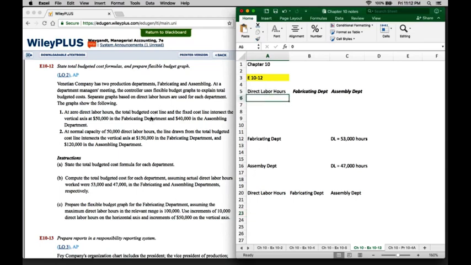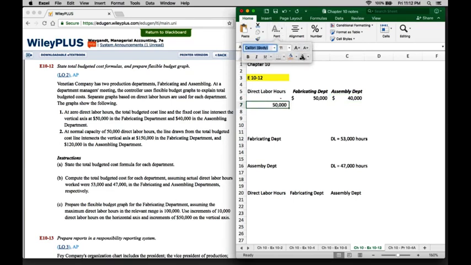In part 1, they're telling you that if direct labor hours is 0, we still have a cost of $50,000 for the fabricating department and 40,000 for the assembling department.